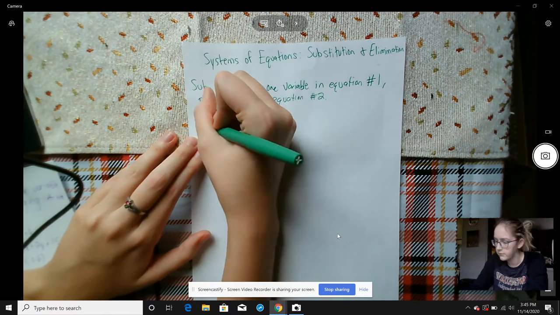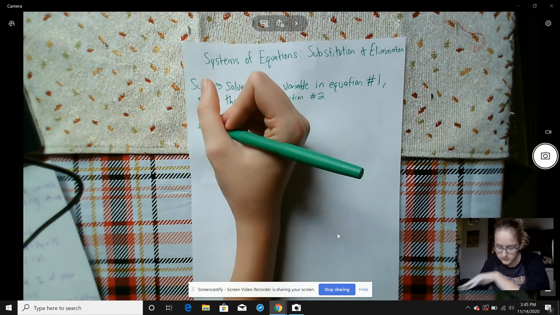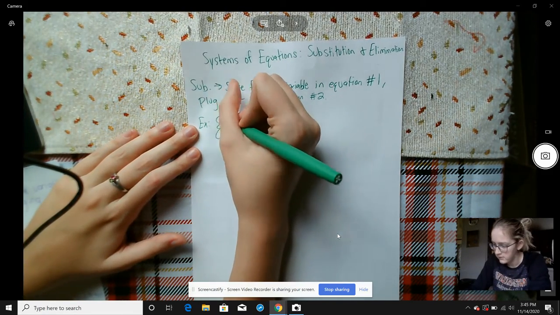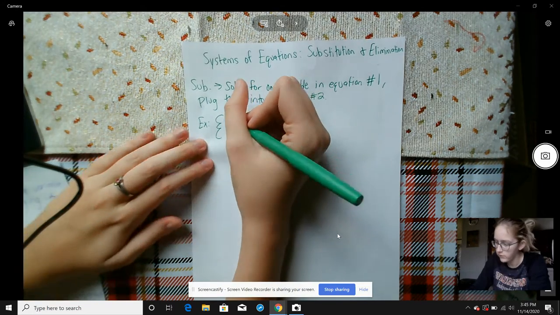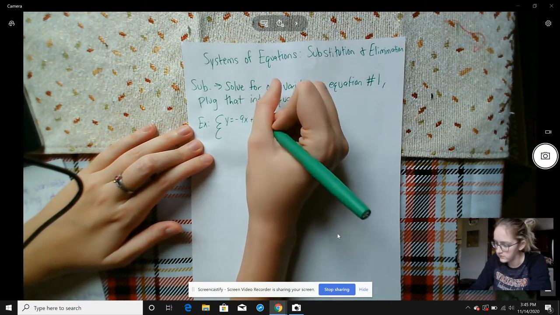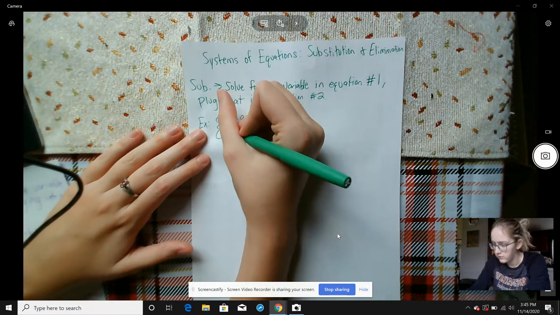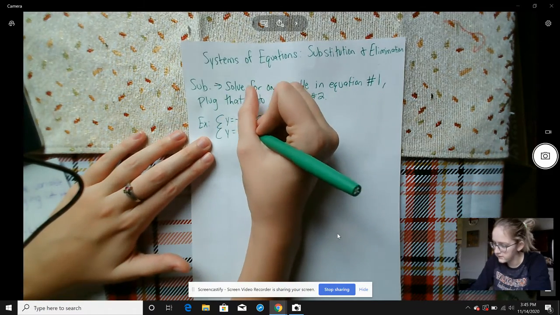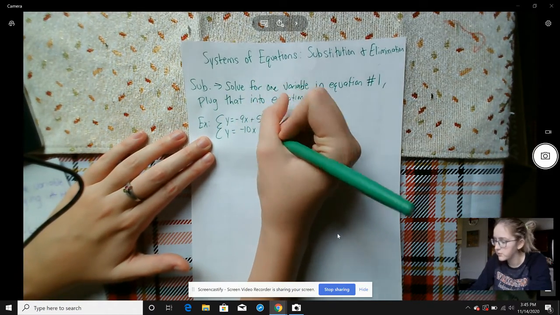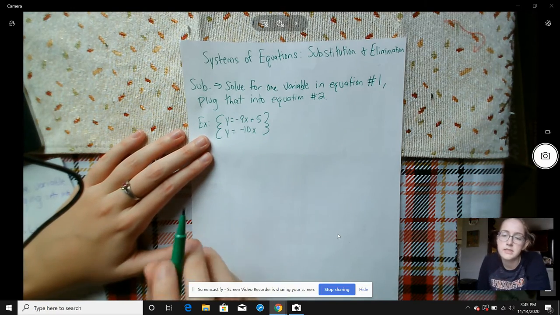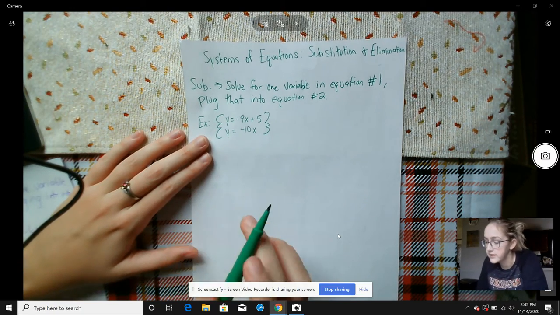So for example, if we are given the system y equals negative 9x plus 5 and y equals negative 10x. Systems are normally presented in these little curly brackets. They don't really mean anything. That's just how they are presented.